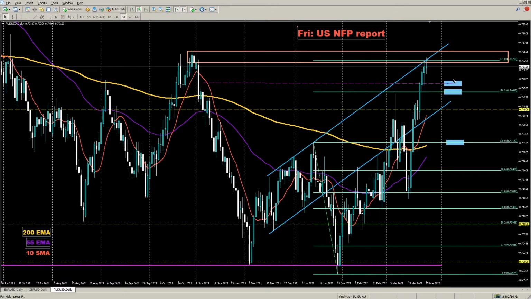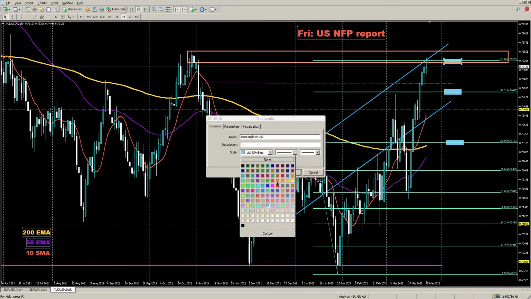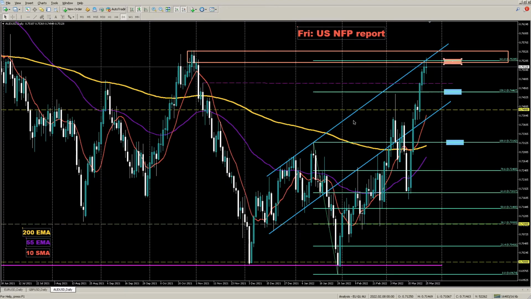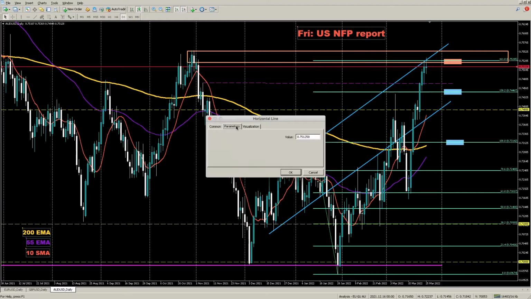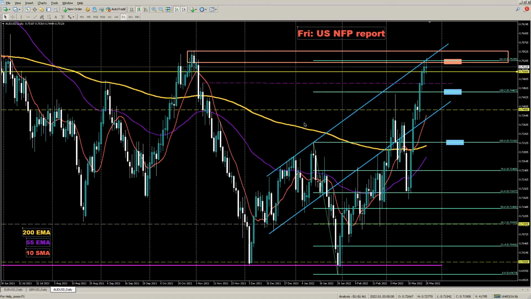So also move, let's just shade this zone as well. And we should add the 75.00. It should be a major round figure resistance, and now it's closed just above that.